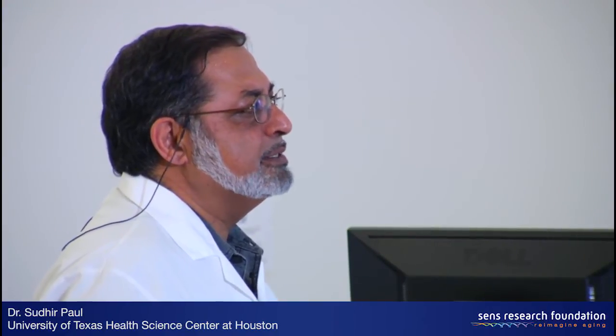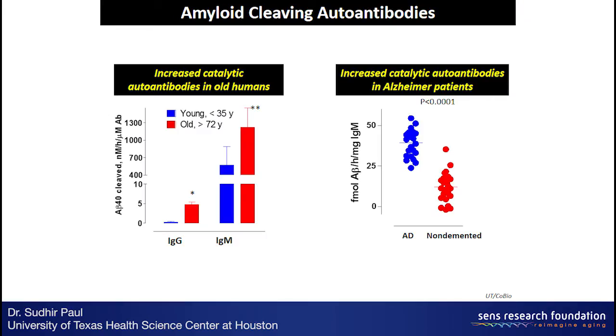Young humans have only low levels of both IgG and IgM antibodies. The antibodies increase as a function of age. So as the amyloid beta peptide is overproduced in older individuals, so are the catalytic antibodies. In Alzheimer patients, shown in blue on the right side, the antibodies are increased compared to their age-matched, non-demented controls.